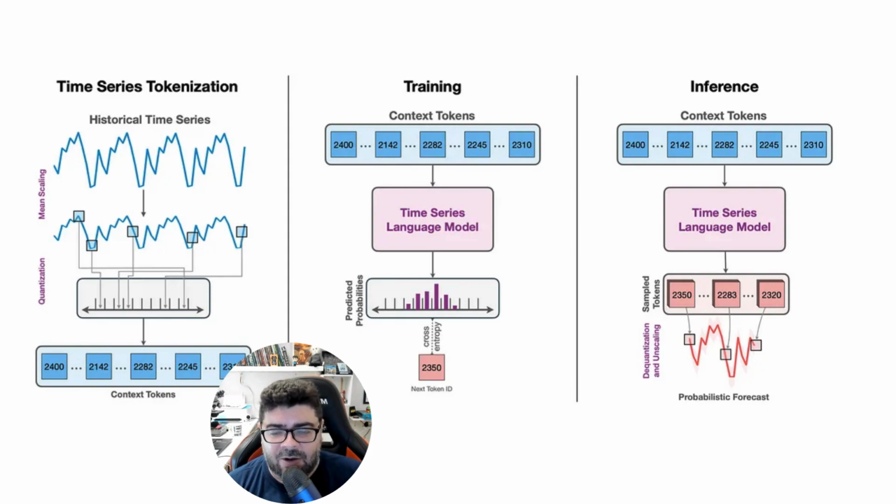Each number of the time series is like a word, and you have tokens. You train the model in the context of the tokens, and the model is going to predict, to forecast the data. Today we're going to use Chronos. Chronos is a new API for time series predictions using large language models. Let's go.